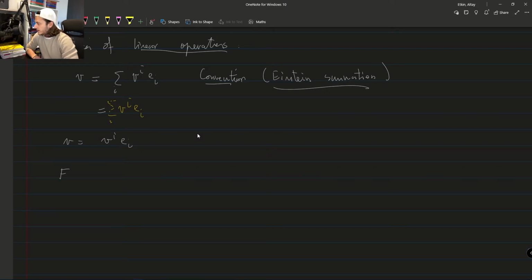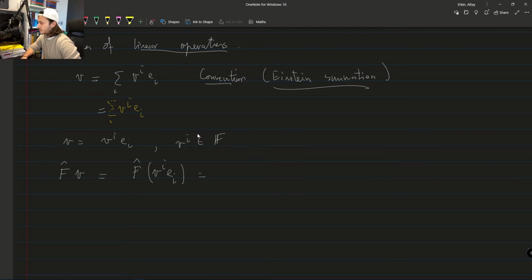And if a linear operator acts on v, then it's going to act on v^i e_i. So here v^i is an element of some field, maybe complex or real. Let's consider just a random field. For the purpose of tensor calculus, we would use real, basically.